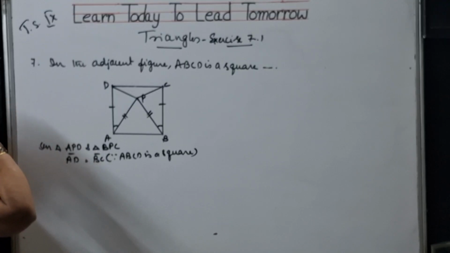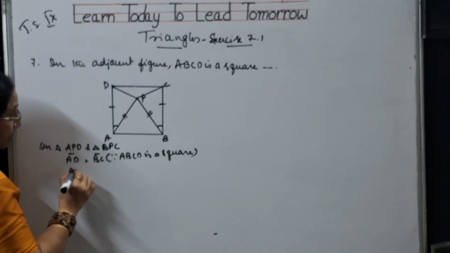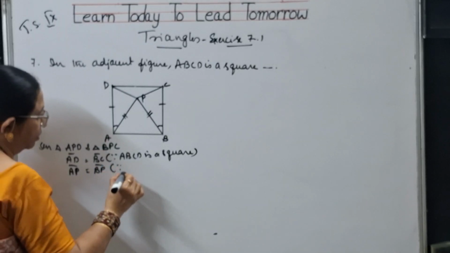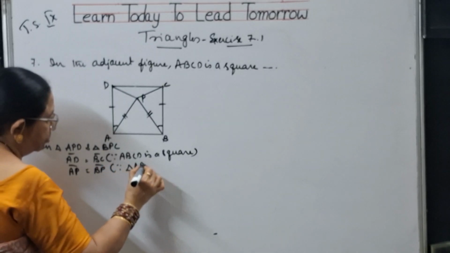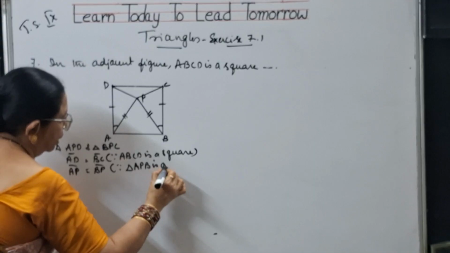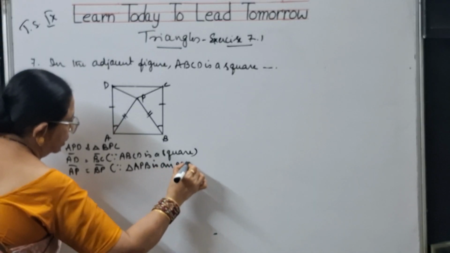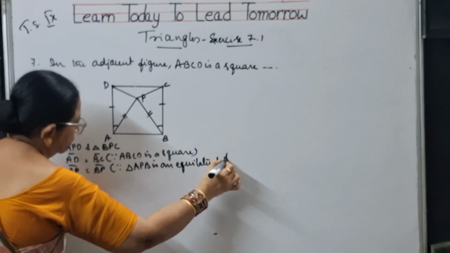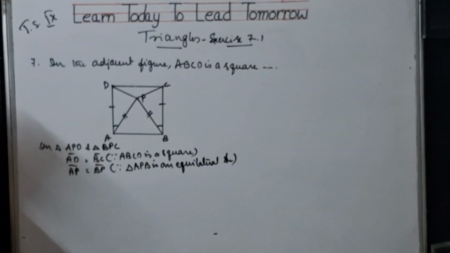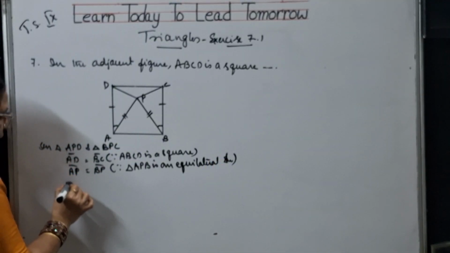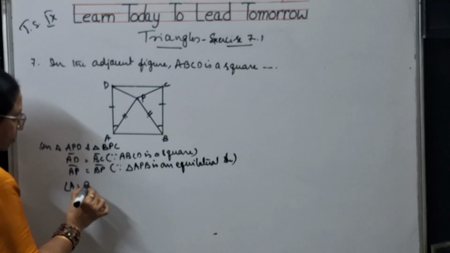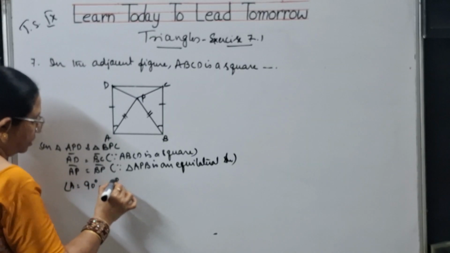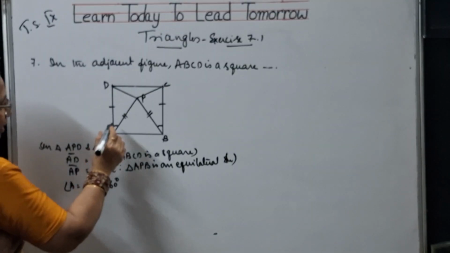And also, what you can say, AP is equal to BP. Why is it? Because triangle APB is an equilateral triangle. So, they are equal. And angle A is equal to 90 degrees minus 60 degrees. Why is it?